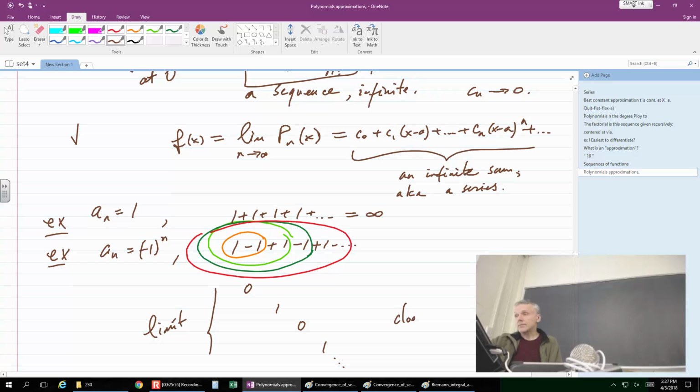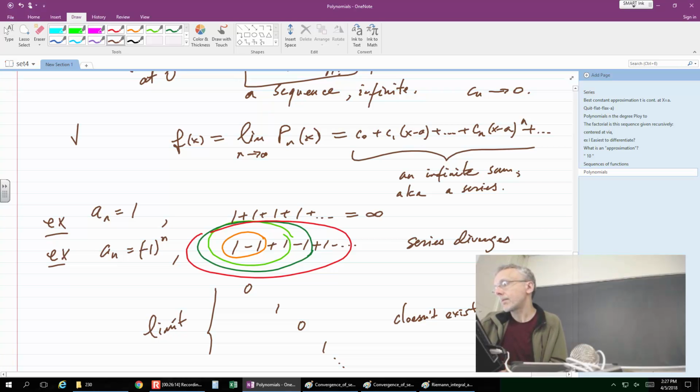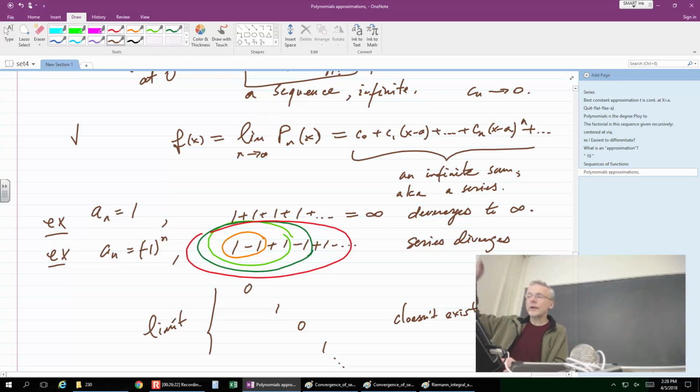It doesn't exist. Which means that the series then doesn't exist, or we'll also say it diverges. Over here we say the series diverges to infinity, which is not exactly the same. It just goes to infinity or oscillates, and that's why it diverges.